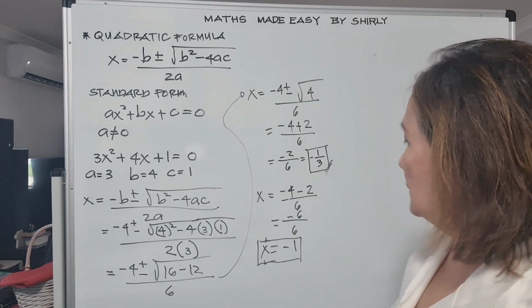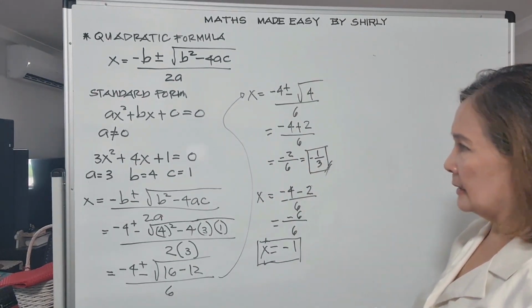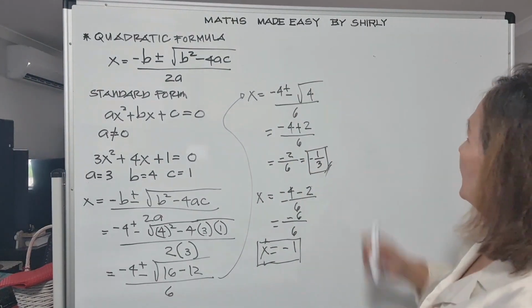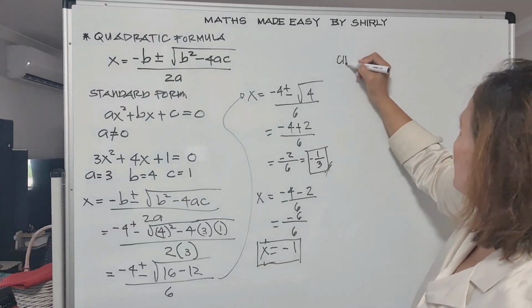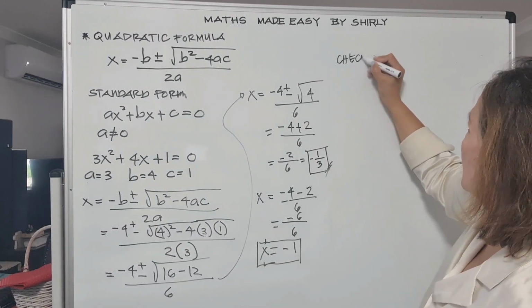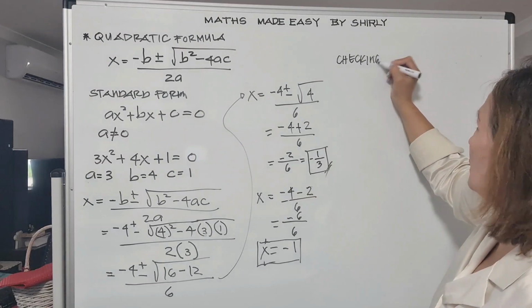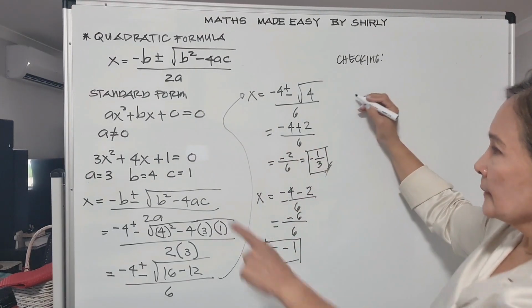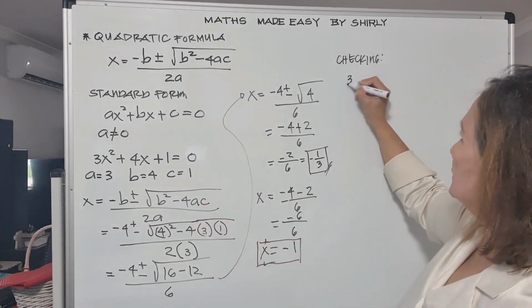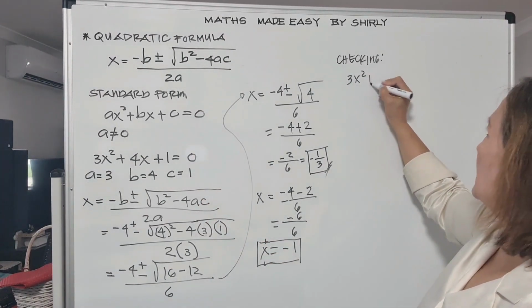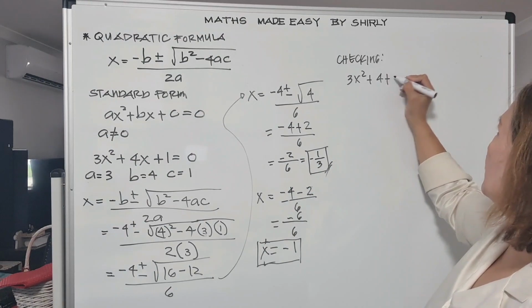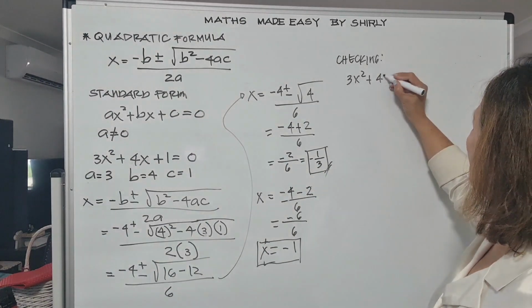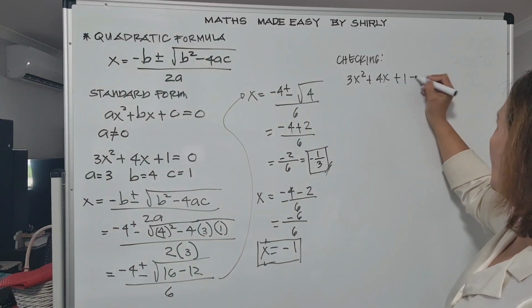Now that we found the values of x, let us check if we found the correct answer. So let's do the checking using substitution. So we have 3x squared plus 4x plus 1 equals 0.